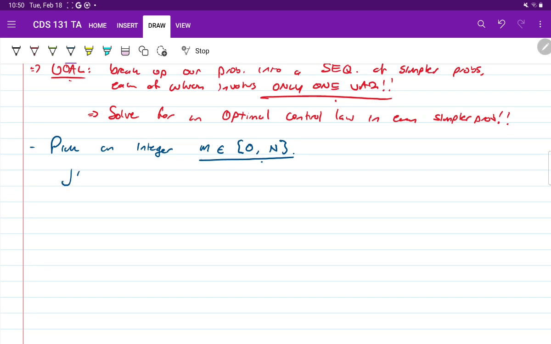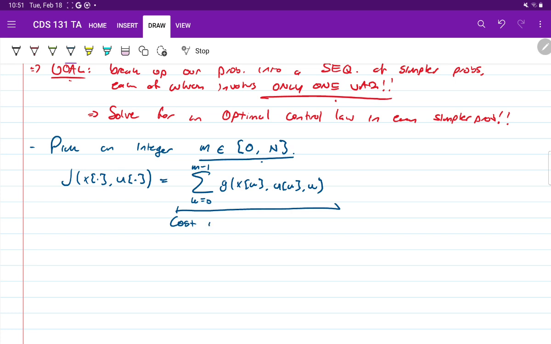So we can rewrite our cost, J(x, u), for arbitrary signals x and u, as the cost which is incurred before time m, which will be this term, the sum from k = 0 up until m minus 1 of g(x(k), u(k), k). Okay, so this is the cost incurred before time m, and we can add the cost that's incurred after time m.